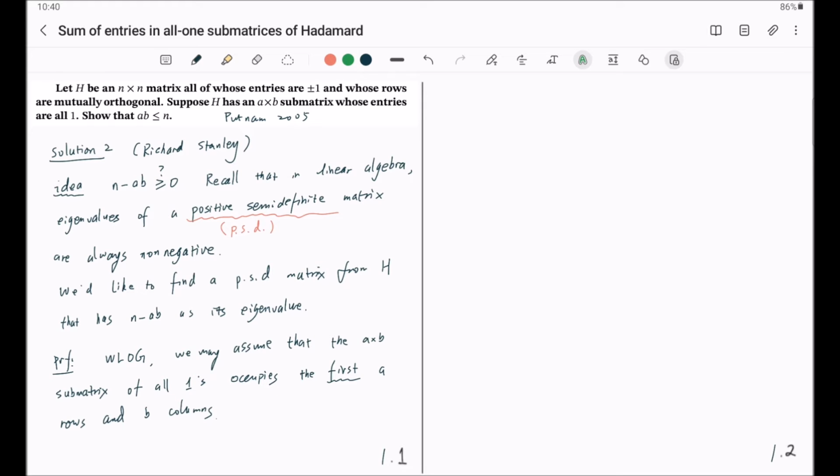Otherwise, we'll just permute the rows. That doesn't affect the fact that H has rows mutually orthogonal.